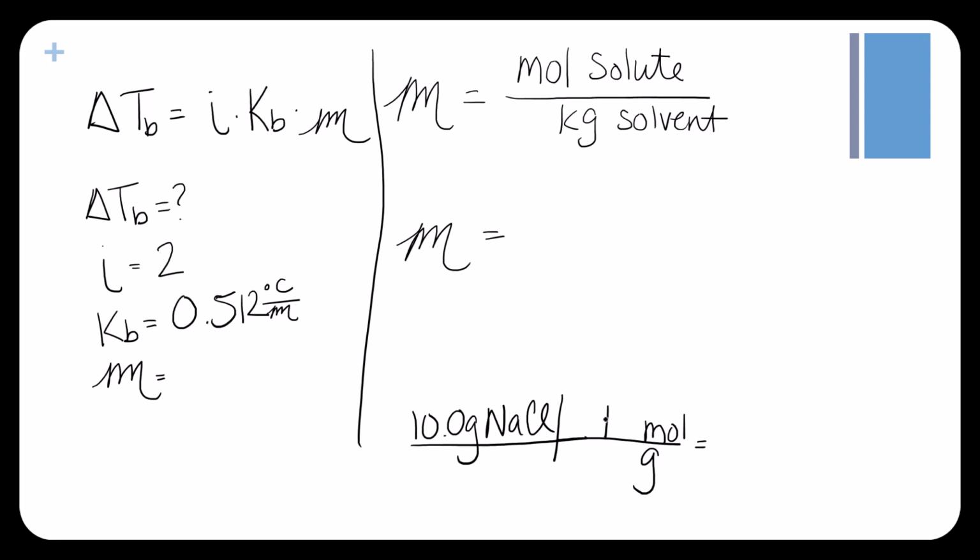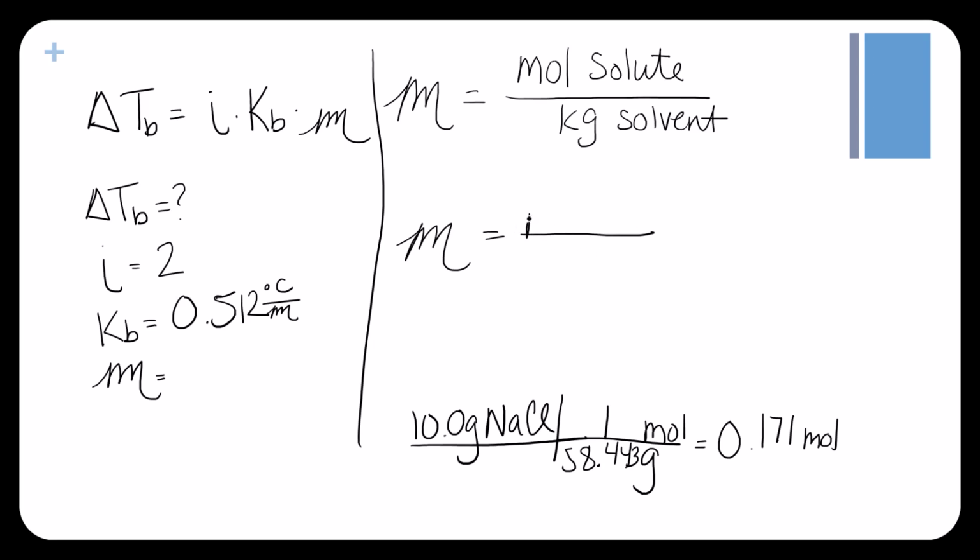So the molar mass of sodium chloride is 58.443. Multiply across the top, divide by the bottom. So 10 times 1 divided by 58.443, and we get 0.171 moles.